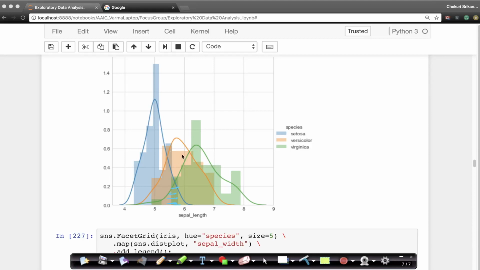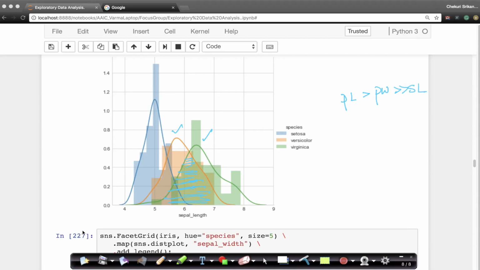The closer these distributions are, the more overlapping they are. And if you look at versicolor and virginica, the overlap is massive. This is your versicolor, this is your virginica, and the overlap is this whole region, which is a massive amount. So till now, my petal length was slightly better than my petal width, and my petal width is certainly much better than my sepal length.